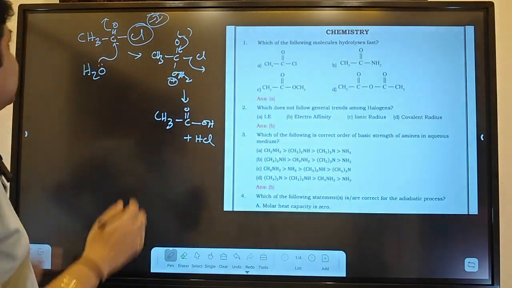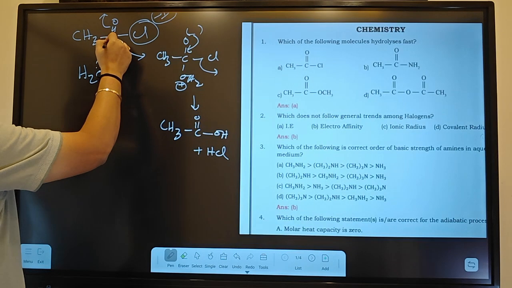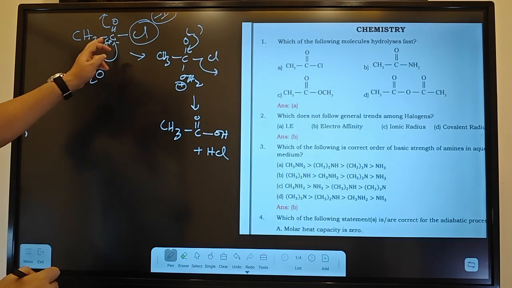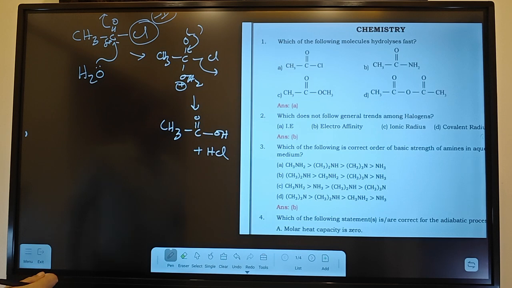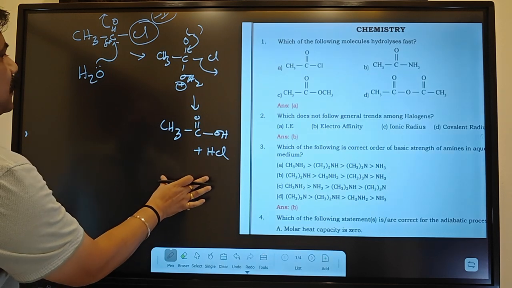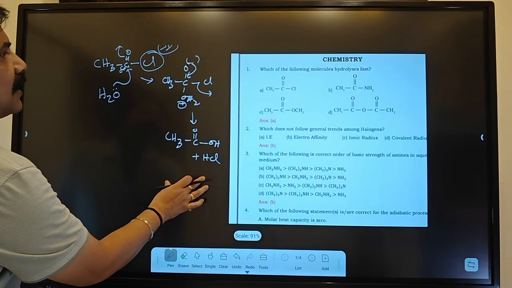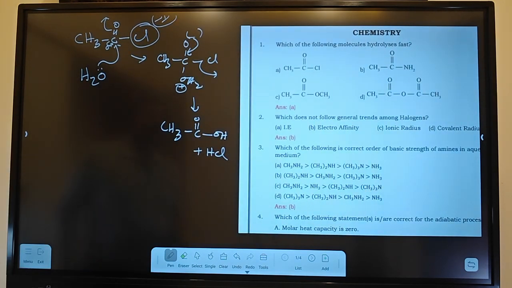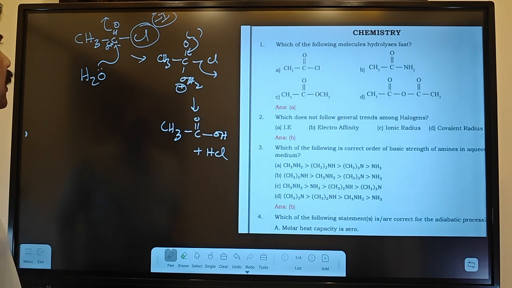Because of that, the electrophilic character of the carbonyl carbon will be more. Because of that, H2O attacks the carbonyl carbon very easily, so that Cl minus can depart quickly.